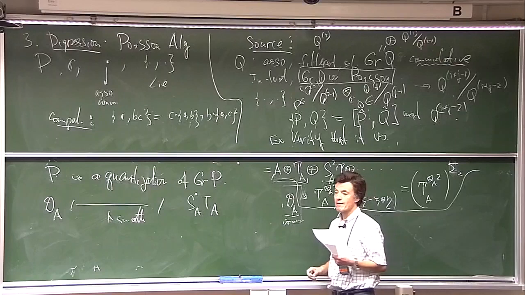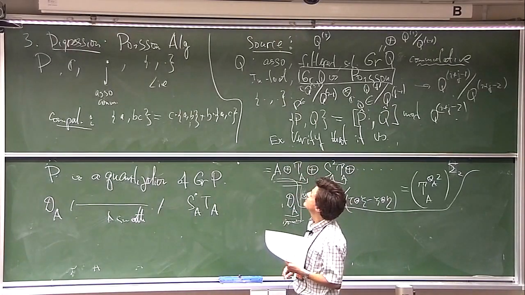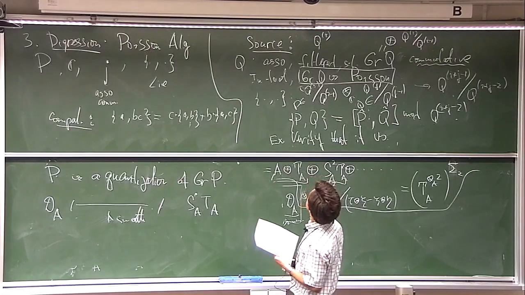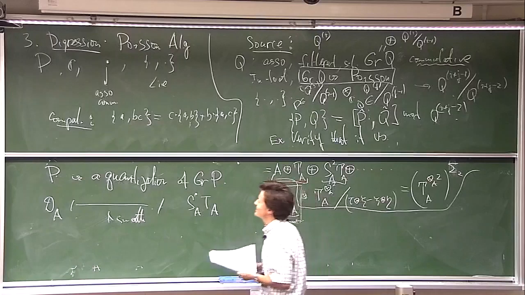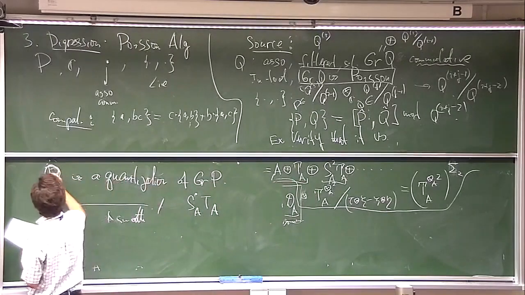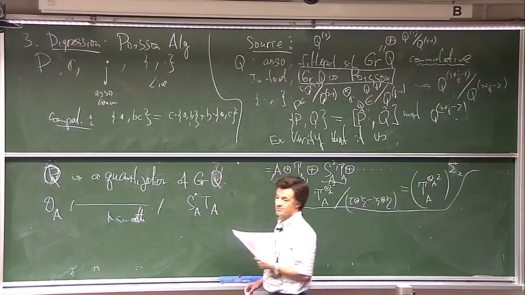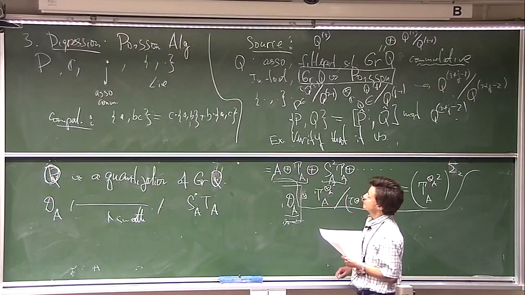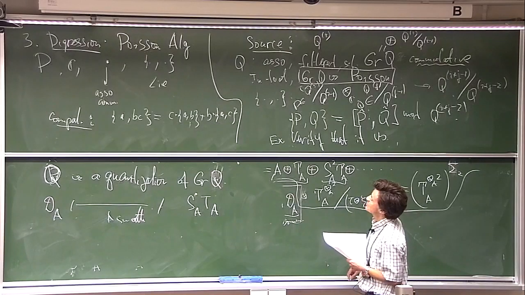So you should write Q is a quantization of Chiral Q, right? Yeah, P. Oh, right, yeah. Thank you. I changed from P to Q and back. No, wait a second. Well, it doesn't matter.